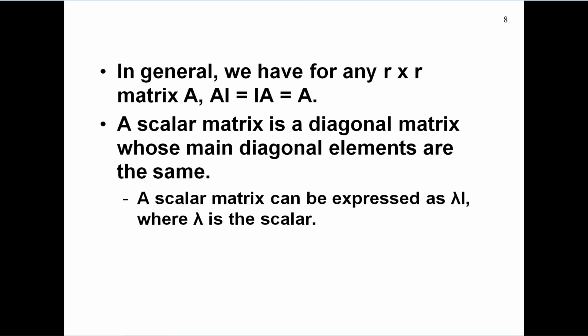And in general, if we take a matrix A and multiply it by the identity matrix, then the result is A, and it doesn't matter whether we pre or post multiply that matrix by the identity I. A scalar matrix, on the other hand, is a diagonal matrix that has a scalar value, a number, a symbol, on the main diagonal.